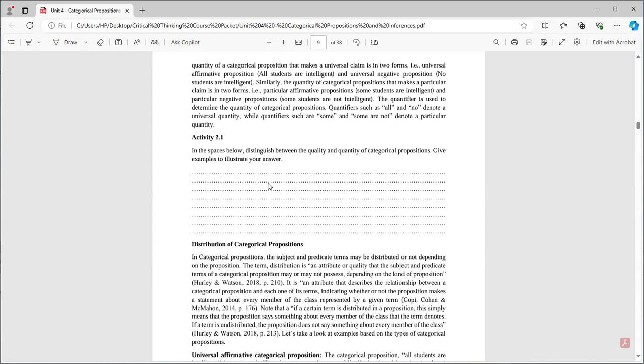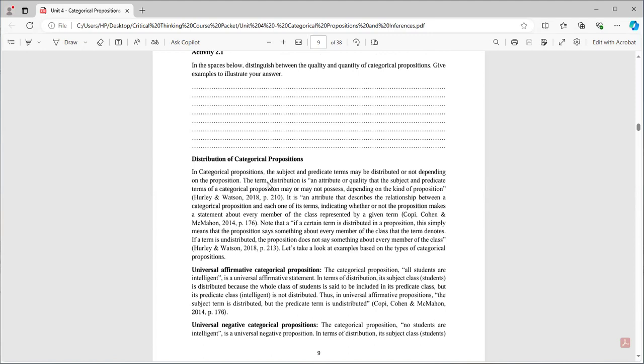Or if we have the predicate class, whether all members of the predicate class are included or excluded from the subject. So for distribution, we are talking about all of them. It's interested in all members, either included or excluded from another class.